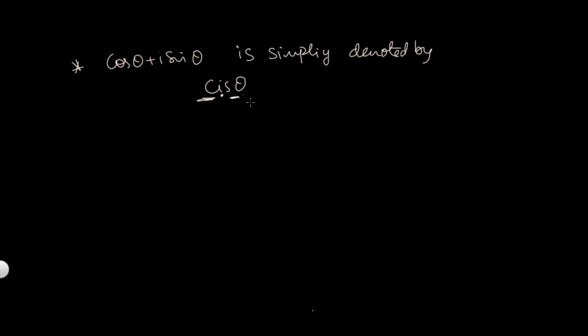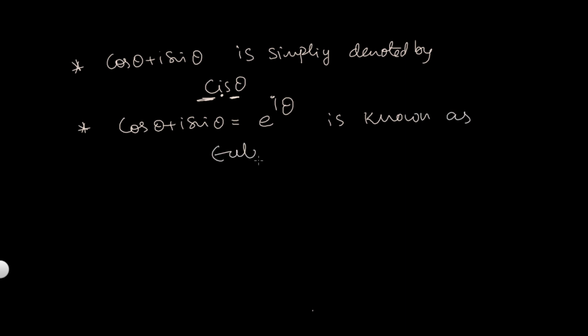Similarly, cos theta plus i sin theta can be written in short form as e to the power of i theta, which is known as Euler's formula.